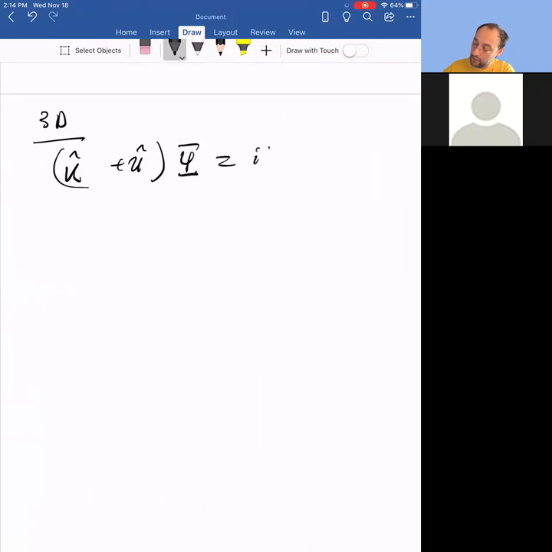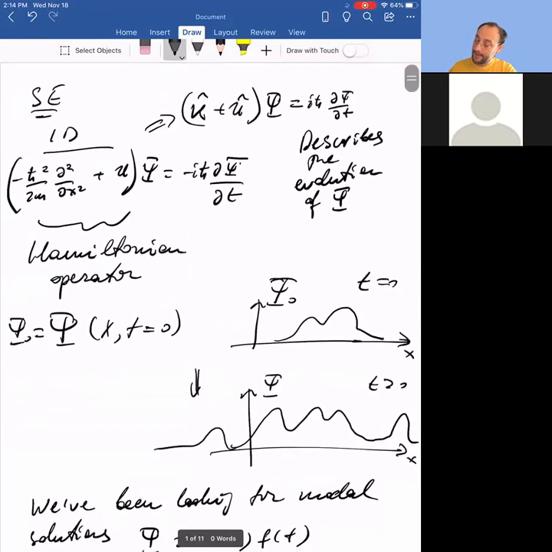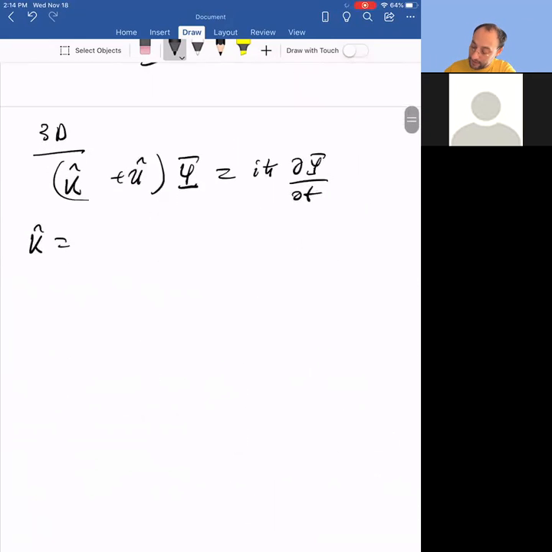the full wave function. But the kinetic energy operator is going to involve more than one coordinate. It's a very simple extension.